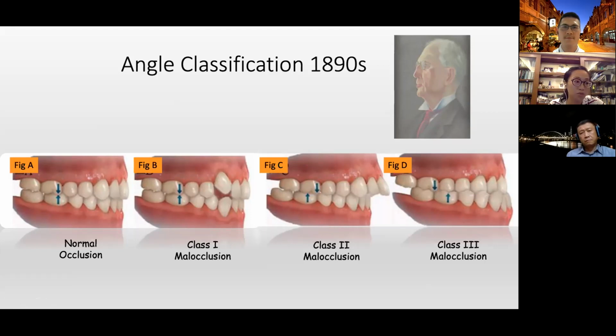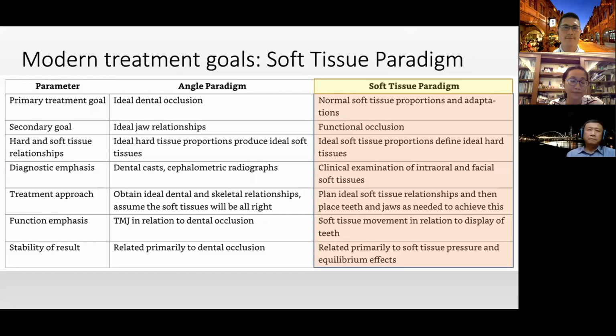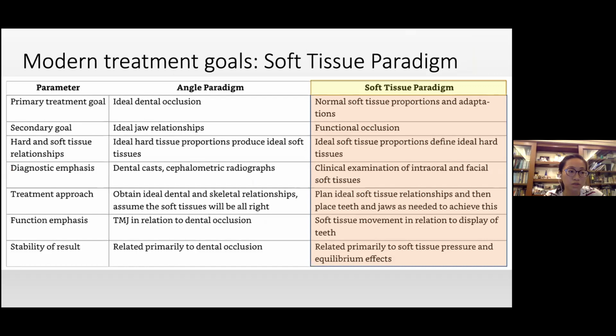However, this classification is basically according to the molar, which is the dental part. So no facial bone relationships are considered. Moreover, less attention was focused on the facial proportion and aesthetics. Thus, we have shifted our modern treatment goals from the Angle paradigm to the soft tissue paradigm. The limitations of modern orthodontic and orthognathic treatments are determined mainly by the soft tissue of the face, not by the teeth and the bones.